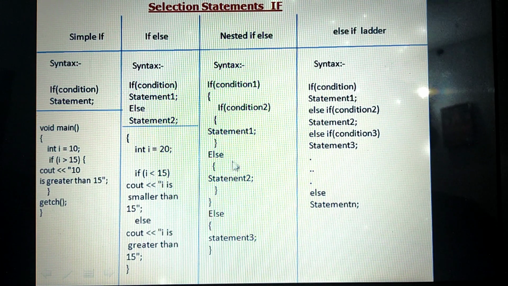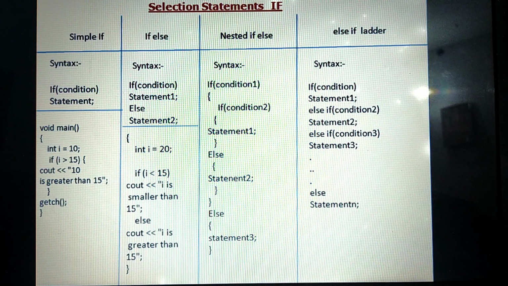How will statement 2 execute? When condition 1 is true and the second condition is false, statement 2 will execute. This is the way our nested if statement will work.